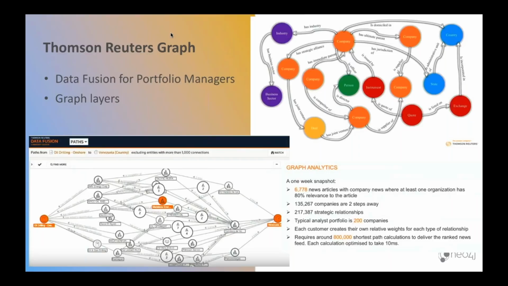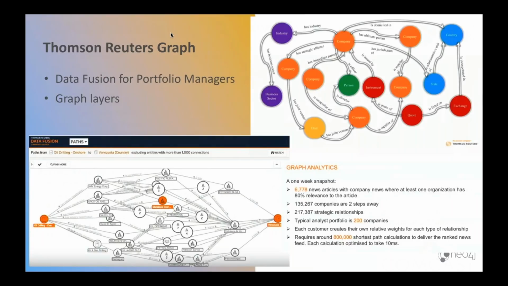And if you know who those companies are, and you're an investment analyst, you can short their shares, and you can buy into the ones that have got a distinct supply chain that's not connected to the potential taint. So this is the sort of thing that Thomson Reuters are doing all the time, using Neo4j for helping them to drive these decisions.